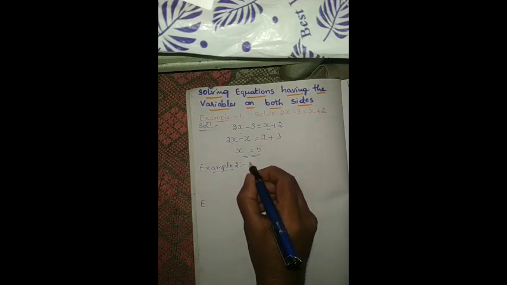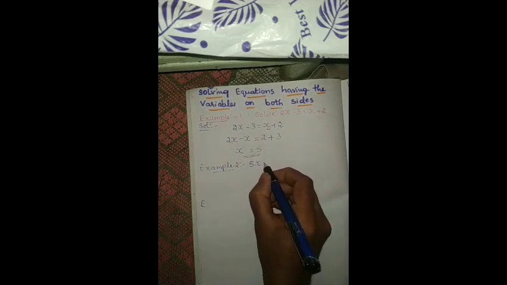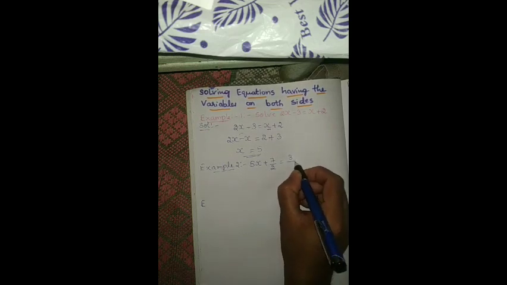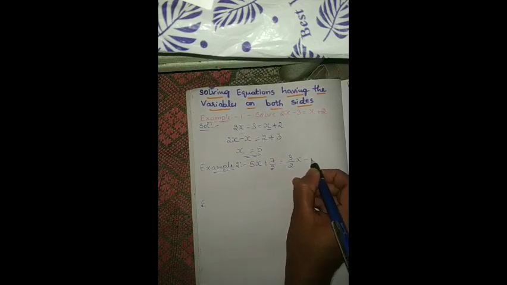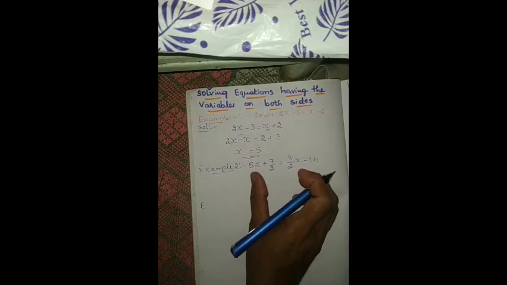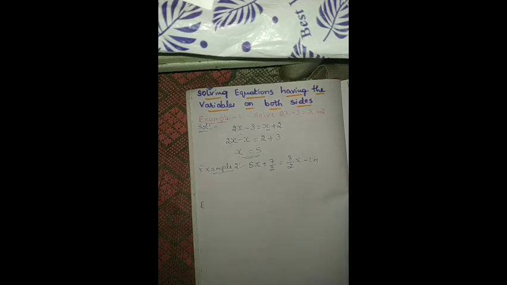Another example, that is 5x plus 7 by 2 is equal to 3 by 2 x minus 14. Here also we can see the variables are present on both the sides. We have to combine them on one side.